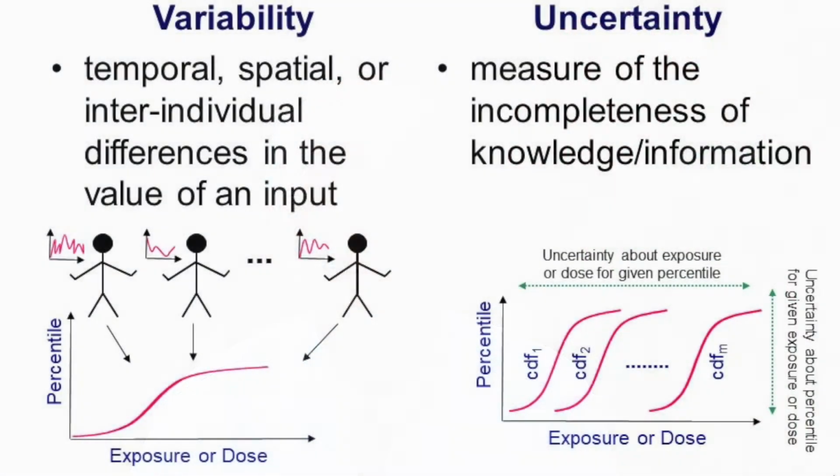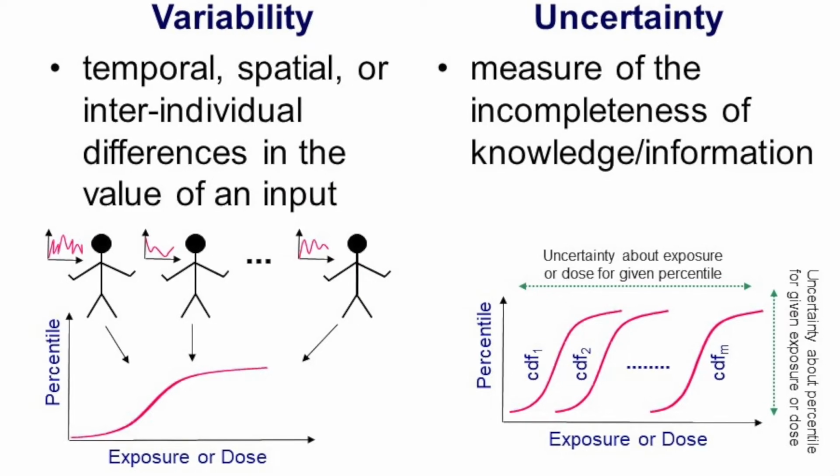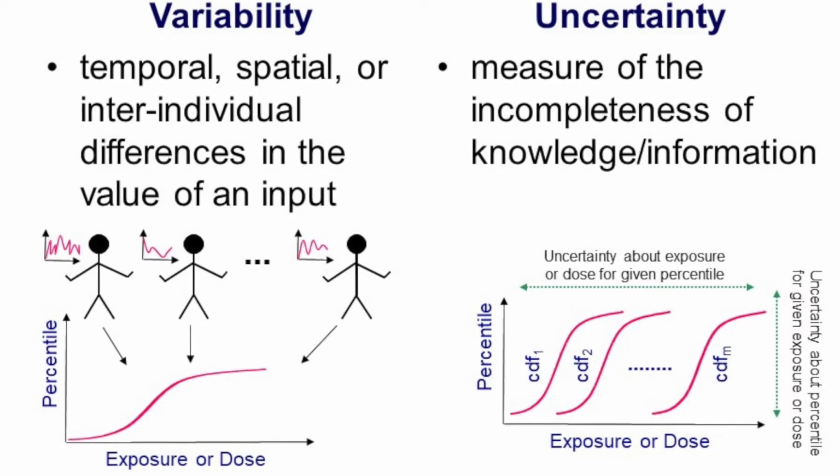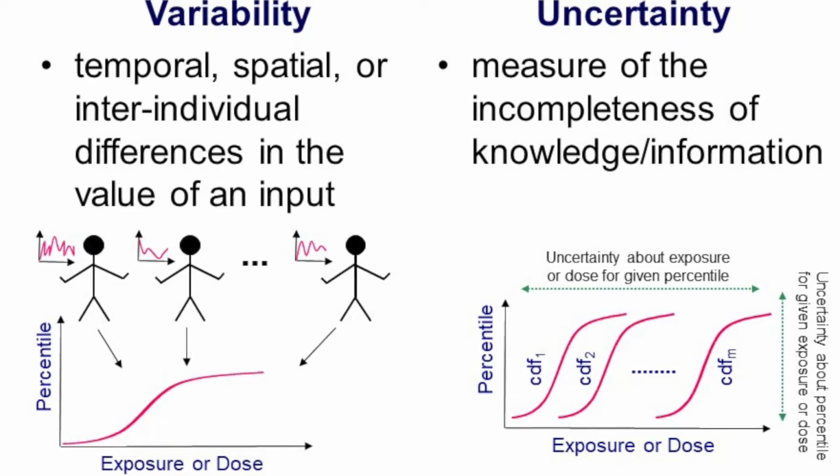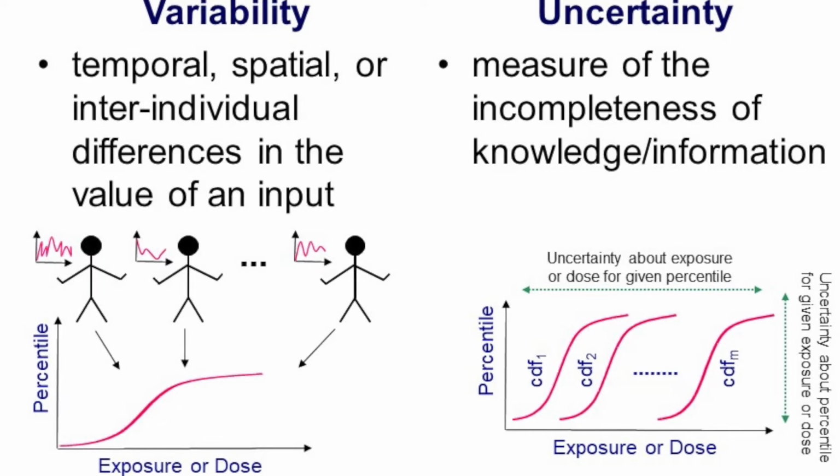In the stochastic exposure model, it takes a lot of time and information to generate these results for uncertainty, which provides multiple variability distributions depending on the uncertainty of the variables. On the vertical side is the uncertainty percentile, and on the horizontal side is the uncertainty about exposure or dose for a given percentile.